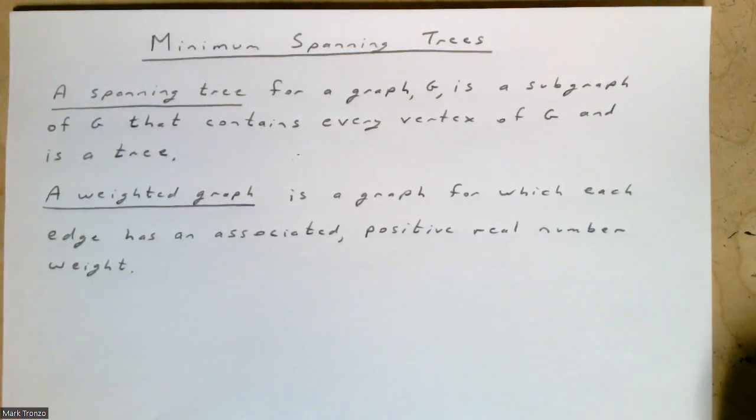So again, a weighted graph of course has vertices, edges, but the edges are each assigned a number. Those numbers could represent miles, they could represent costs, they could represent feet.